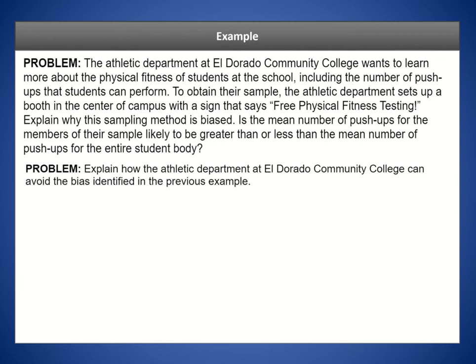We don't want people to volunteer, and we don't want to do a convenience sample, right? We want something to be random. So instead of recruiting volunteers, we can get a list of all the students and then just choose some of the students randomly. So we could do a list here. Let me write this down.